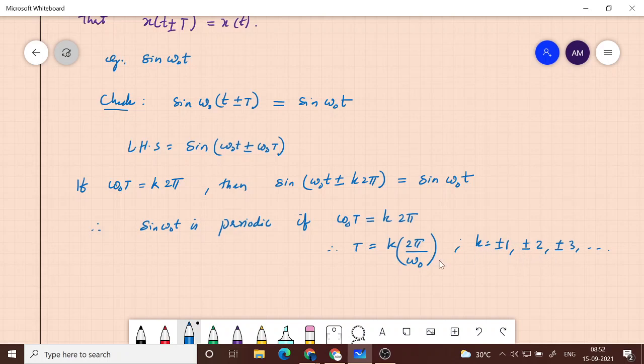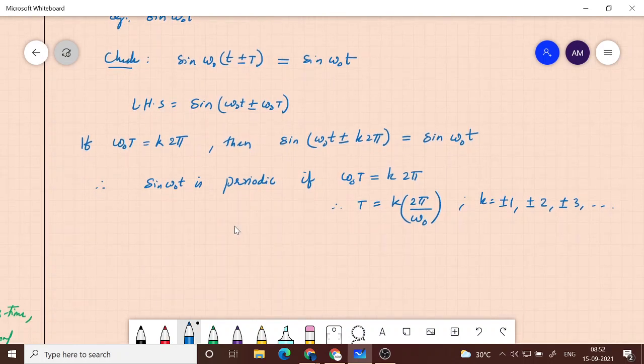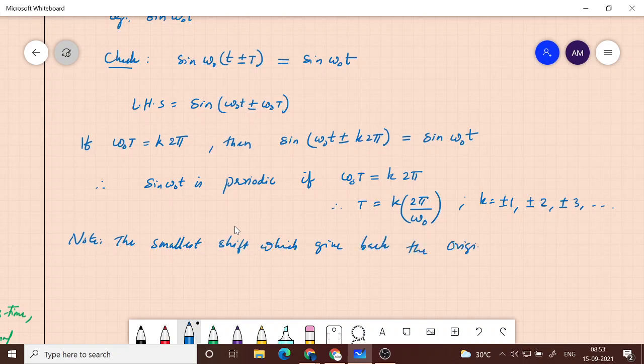No. The smallest shift which gives back the original signal is called the period of the signal.